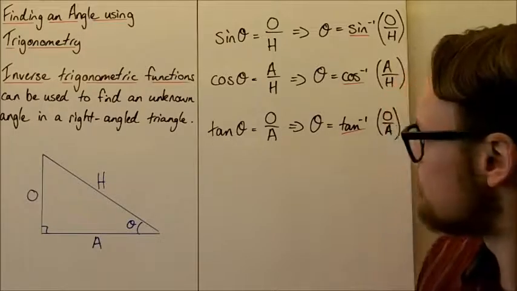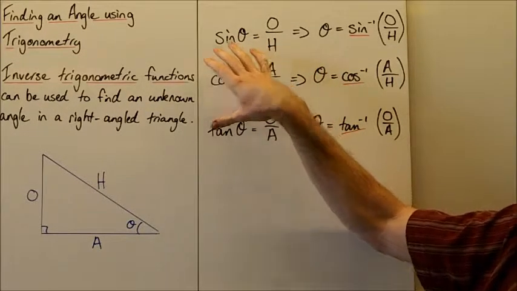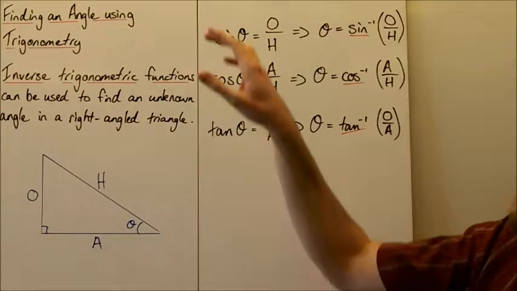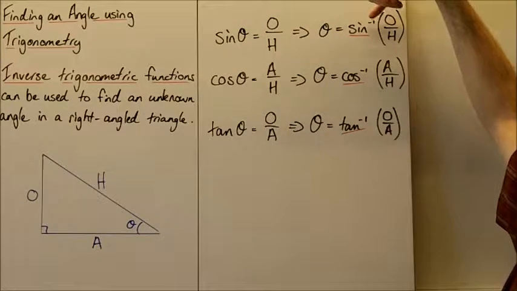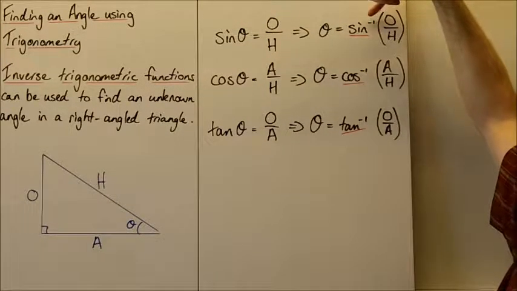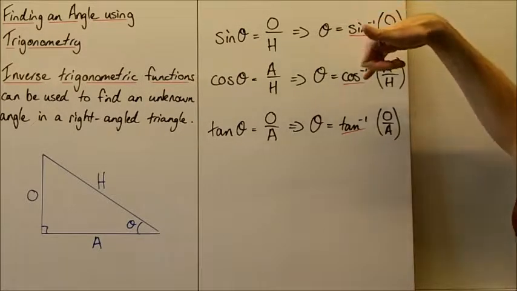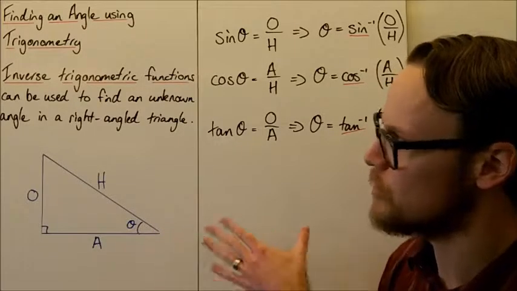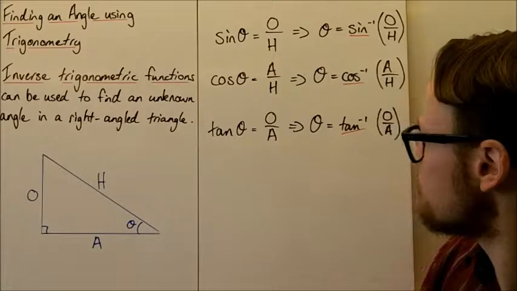The relationship between them is, if I'm looking at the sine of the angle, that angle is the opposite over the hypotenuse. If I want to determine that angle, I can use the inverse sine function, or the inverse cosine function, or the inverse tangent function, depending on which sides I have to work with, or which sides I know.